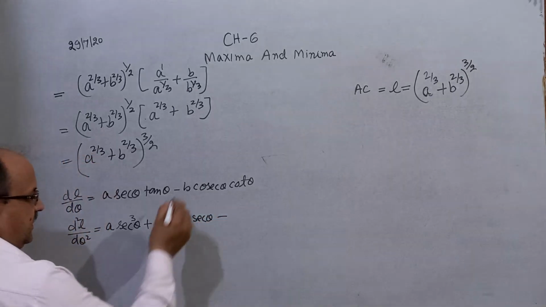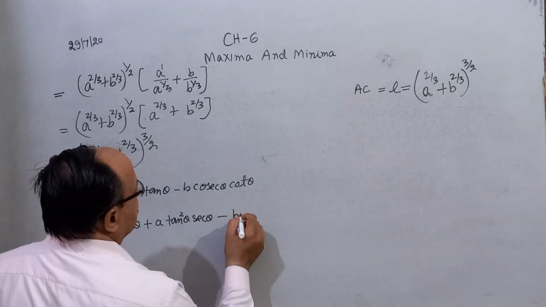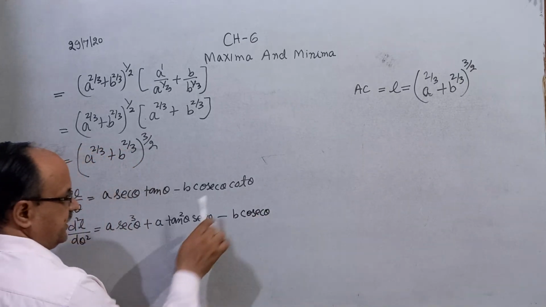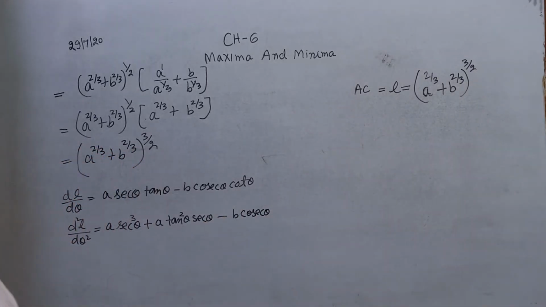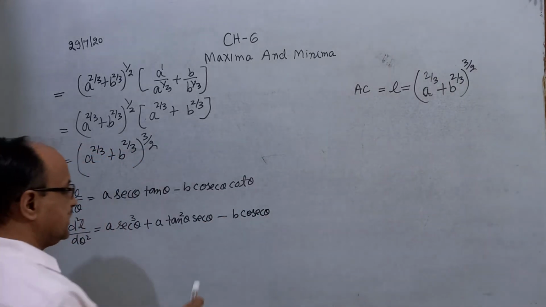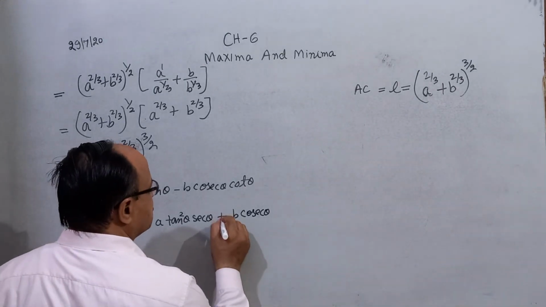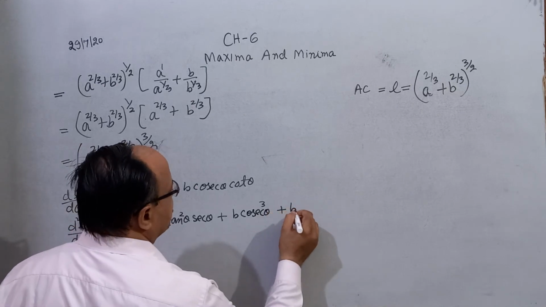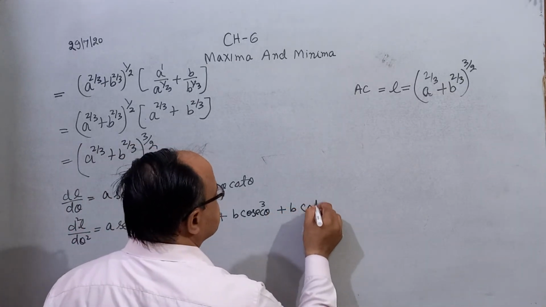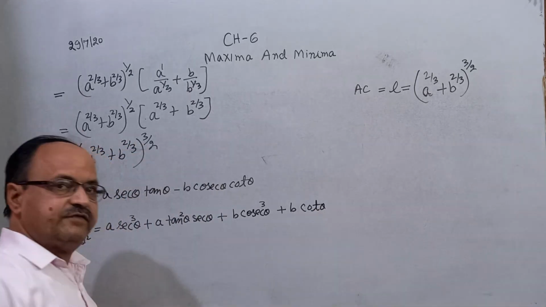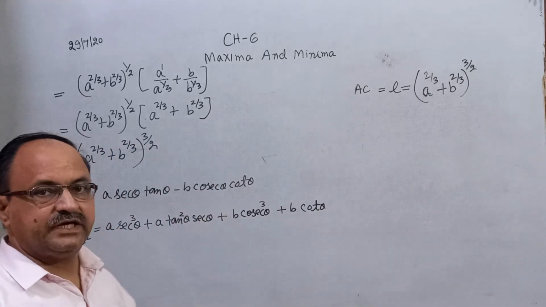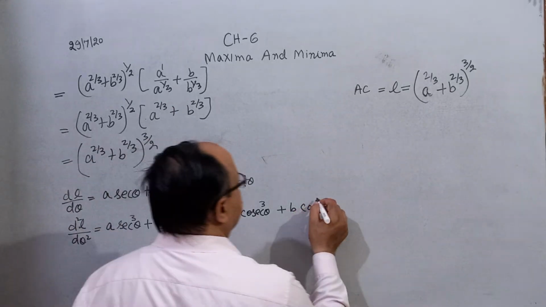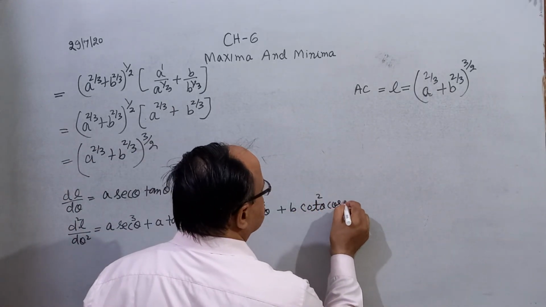Minus here, cosec theta as it is, and the derivative of cot theta is minus cosec square theta. Minus cosec square theta into this minus becomes plus, that is cosec cube theta, plus B cot theta as it is, and the derivative of cosec theta is minus cosec theta cot theta. So cot into cot, cot square theta cosec theta.